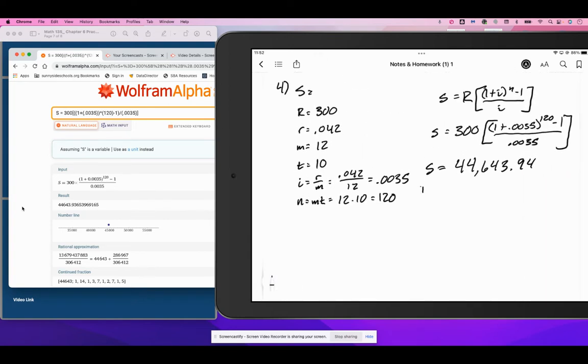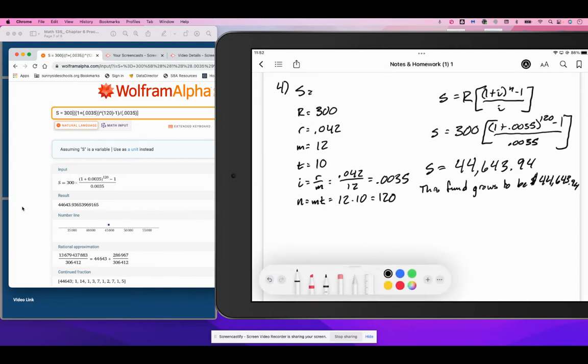So this fund grows to be 44,643.94. And I should take my time and write it better looking than that. So apologies for the rewrite here. 44,643.94.